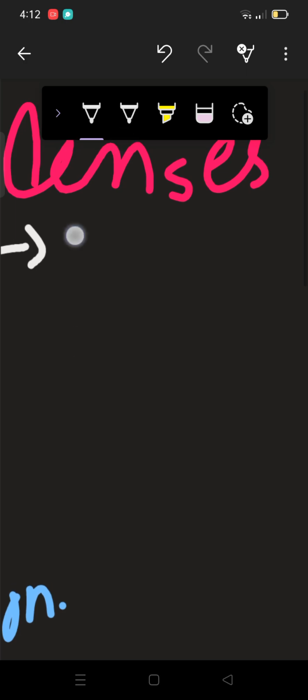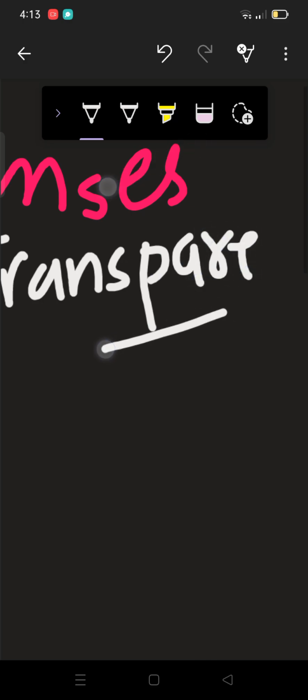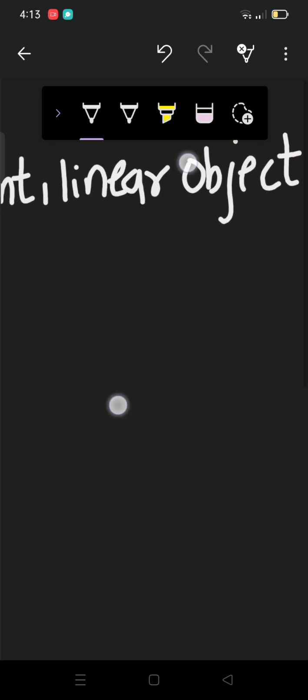Lenses are transparent, linear objects. And we have conditions for recognizing lenses.